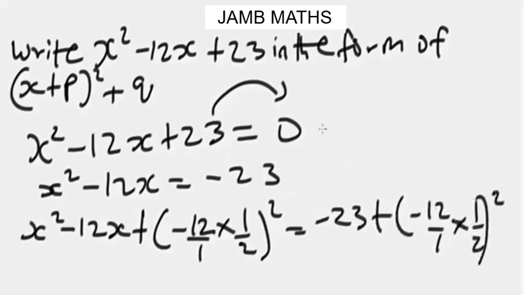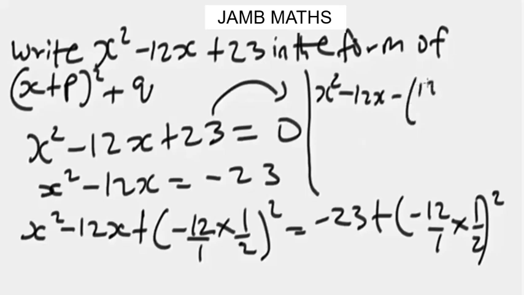So when you break this down, let me do it here. You're going to have x squared minus 12x. Now we have plus, and in brackets we have (minus 12 over 2) squared, the same thing as minus 23.